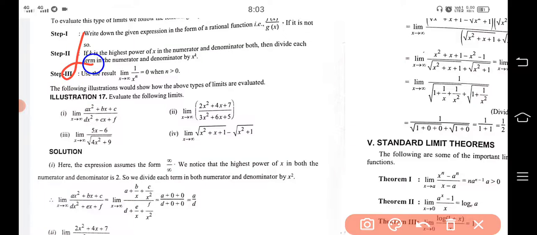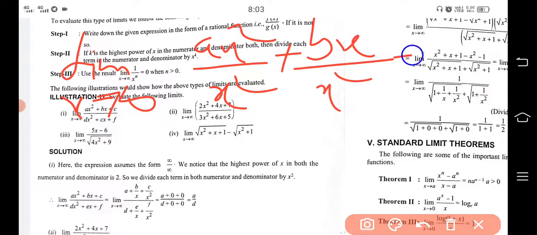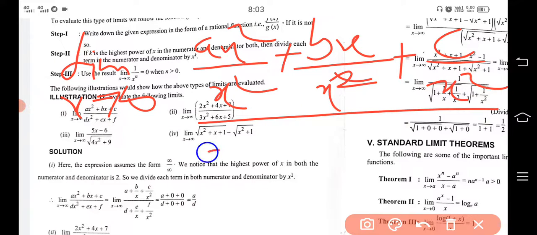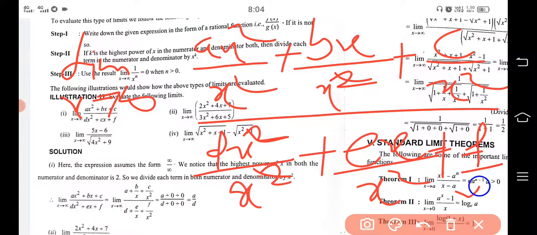So here we will take the limit x tends to infinity of ax square divided by x square plus bx divided by x square plus c divided by x square, which is divided by dx square divided by x square plus ex divided by x square plus f divided by x square.